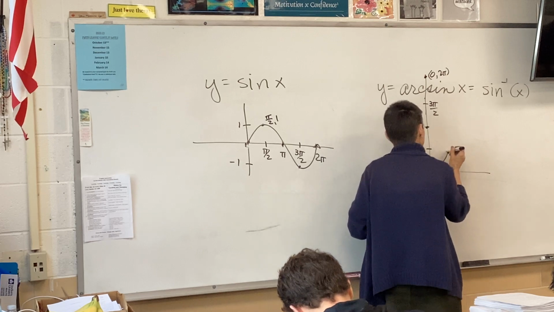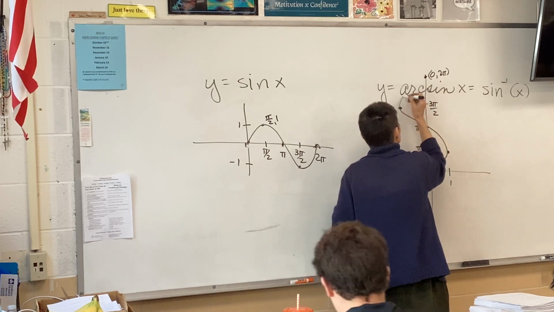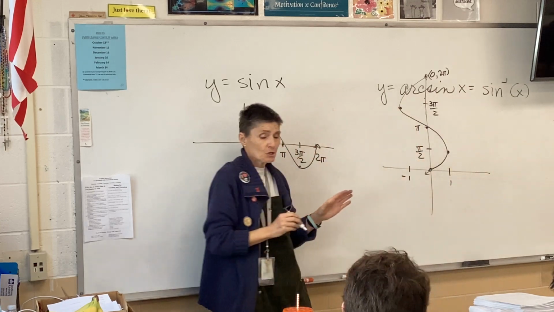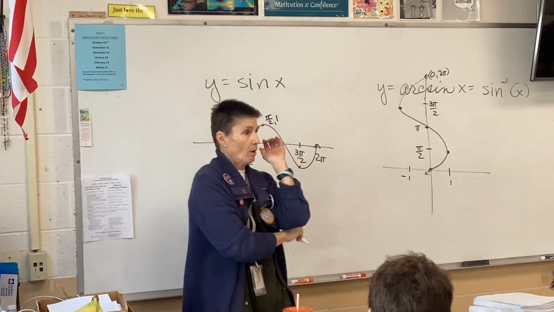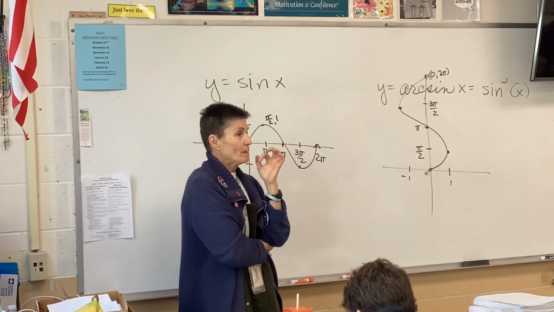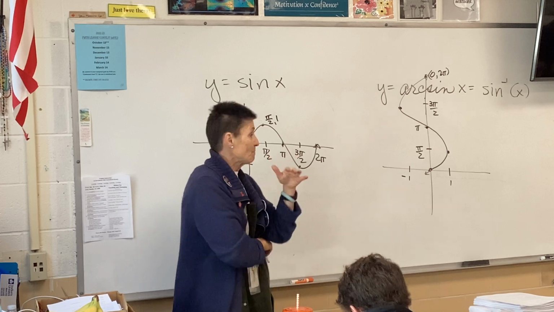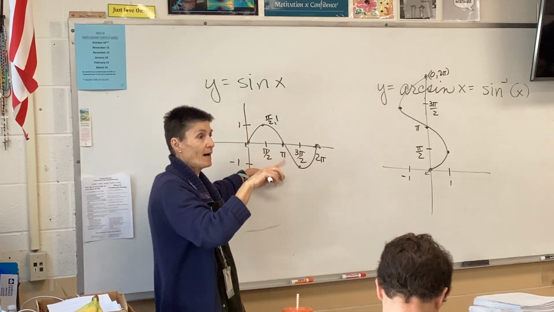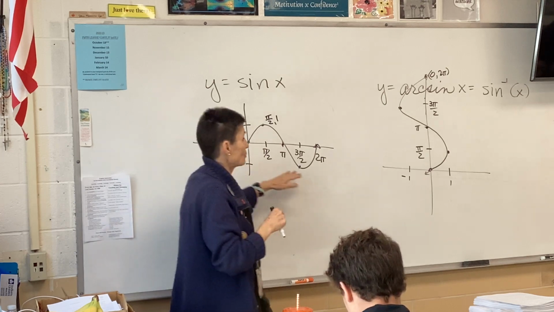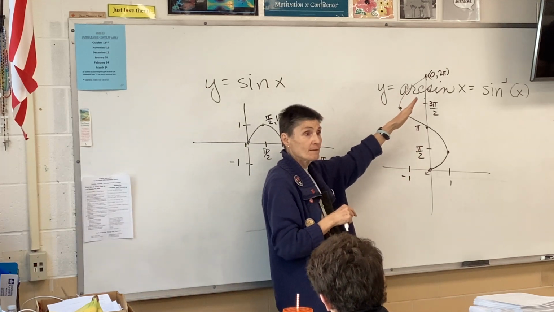Now when I connect these dots, did I get a shape that makes sense to you at all? Yep. Because when we do inverses, we switch the variables. The original sine curve oscillates across the x-axis, so its inverse is going to oscillate across the y-axis.